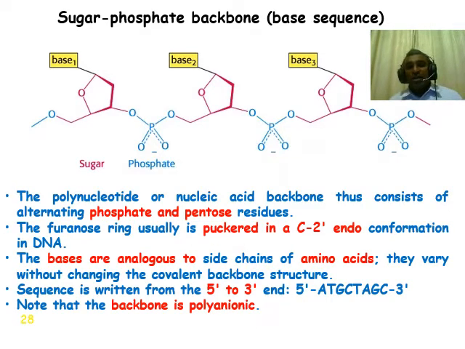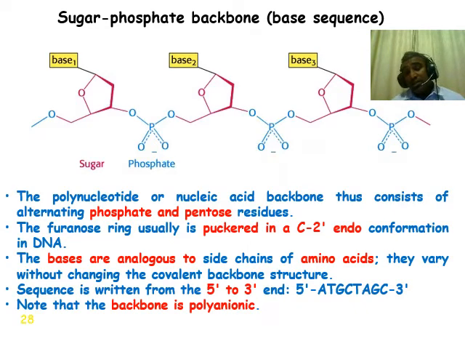So that means the C5' is on the left. Just to find if it's A there, so adenosine. Then the next one is thymidine, and then guanosine and cytosine. So you write it as 5' ATGC, and so on if it's longer.